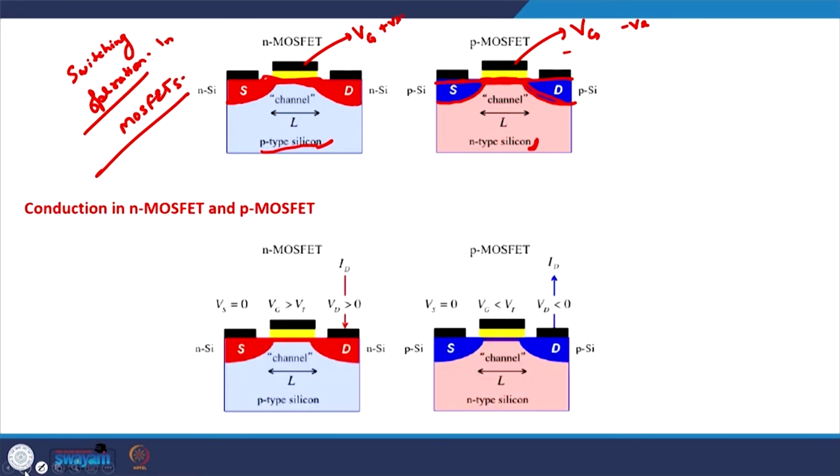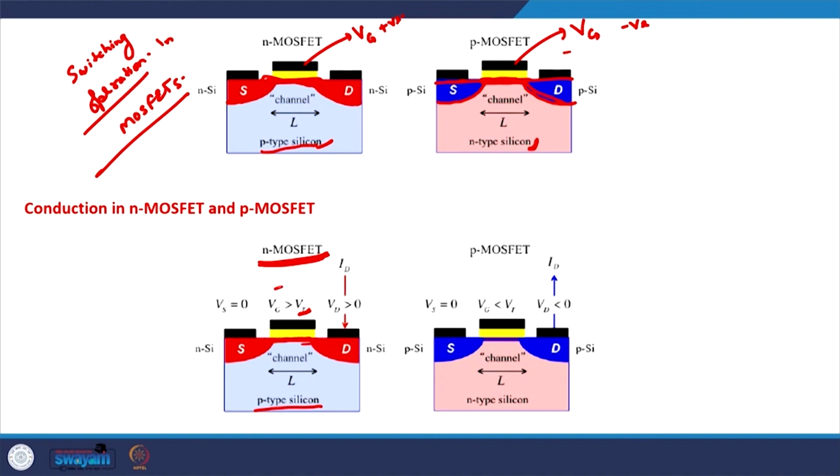Okay. So, this is the summary of conduction in N MOSFET and P MOSFET. In N MOSFET, the channel is n-type, made out of electrons, which means that the body is p-type. In this case, the gate voltage should be positive and it should be above a certain threshold voltage in order to form the channel in the body.